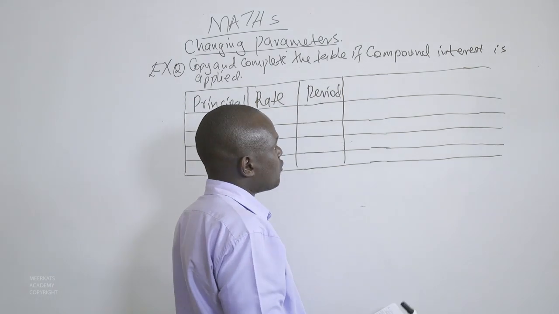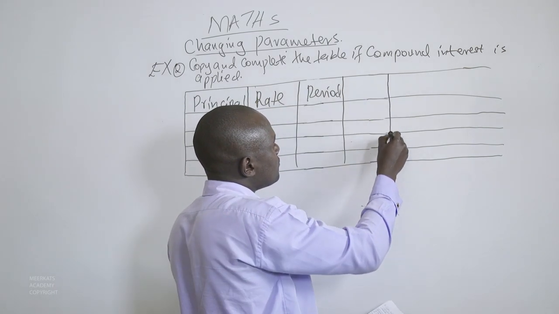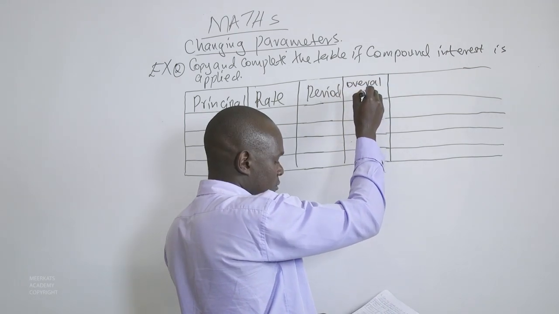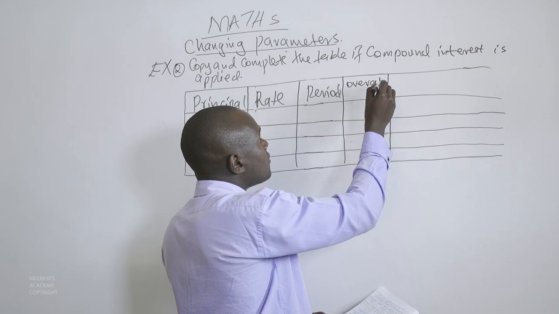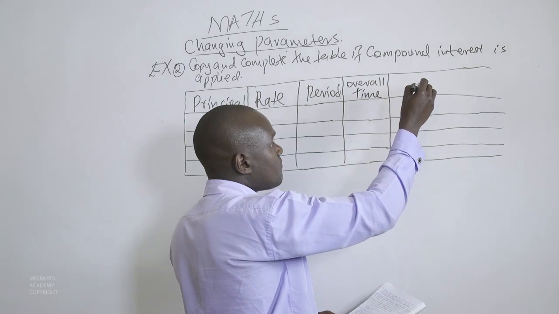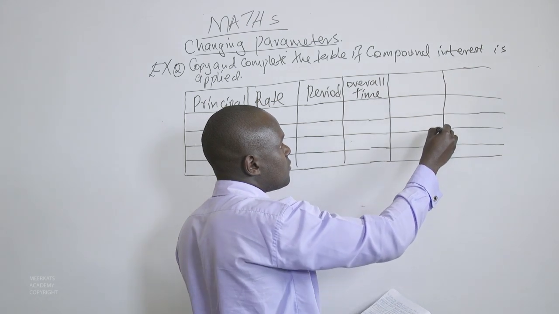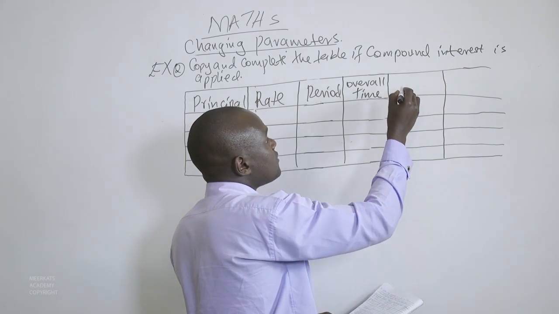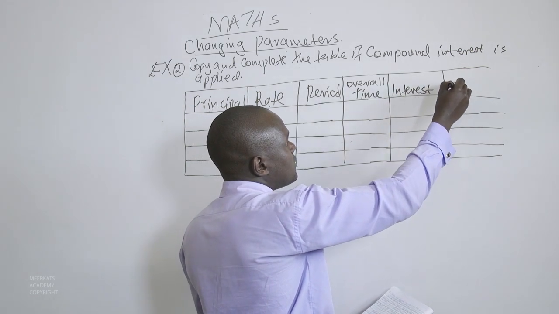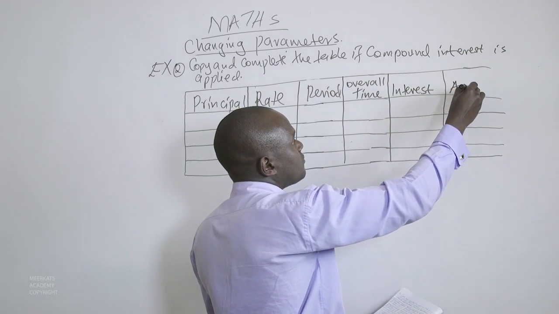Then we have the overall time. Then we have the interest. And last we have the amount.